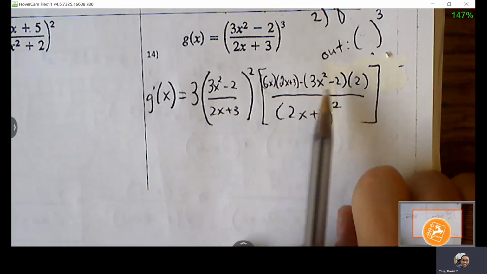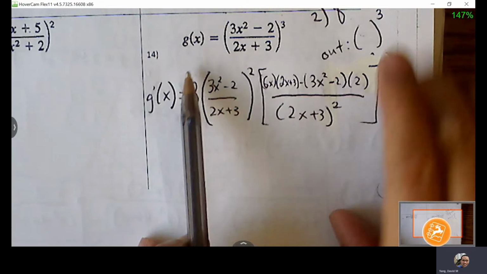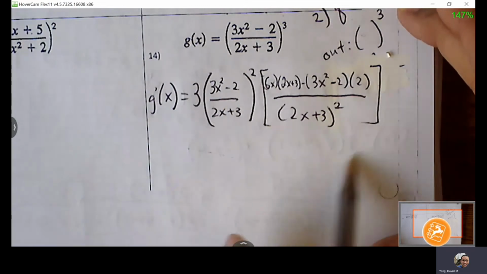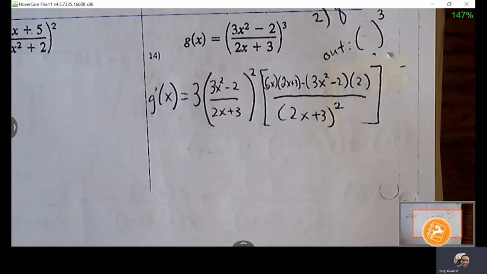We can distribute the 6x through, distribute the 2 through, combine all the like terms, and then we're going to try to push all this together under one fraction.